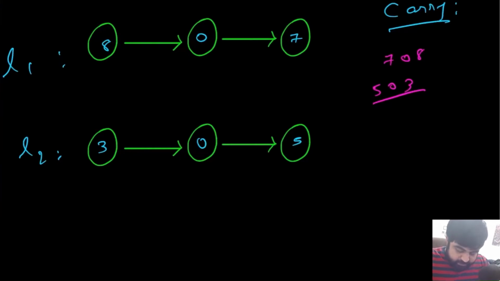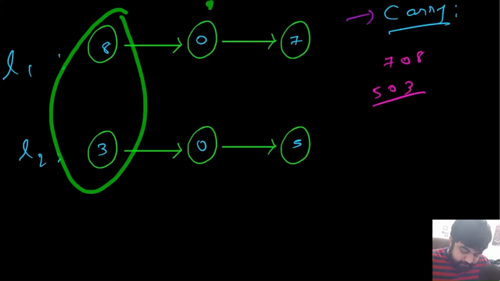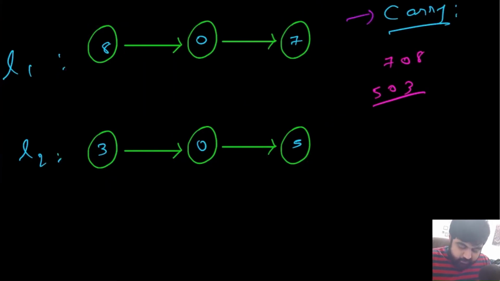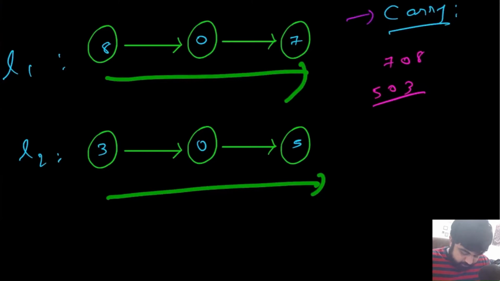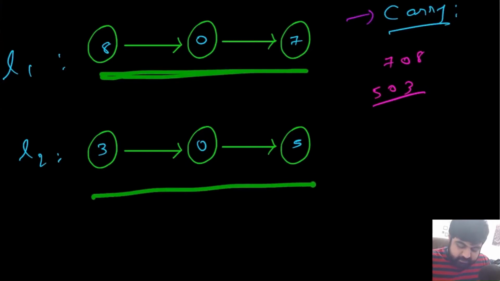So the idea is that we are going to have a variable called carry that is going to keep track of whether there is any carry that exists or not for any single pair of sums that we are going to do. That is one thing. Second thing is we need to iterate until we run out of both of these linked lists, because it could be possible that this linked list is only of length 3 and this linked list is of length 4.